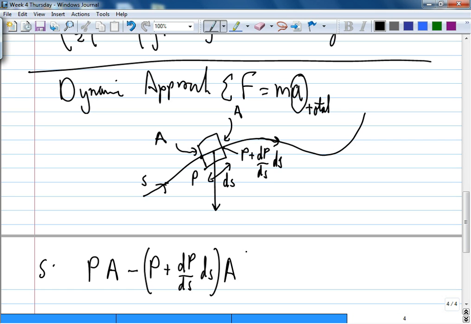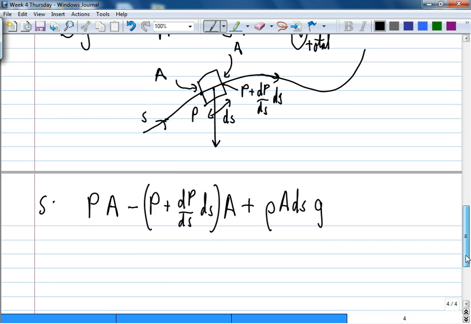What other force do we have? We have gravity. Gravity is mass, plus or minus, I put plus first. Mass, which is rho times area times ds, that's the volume, times gravity g.